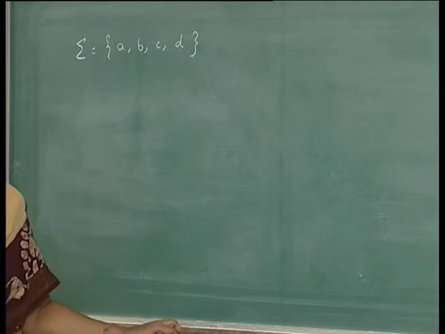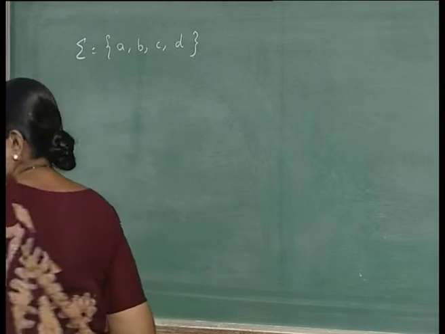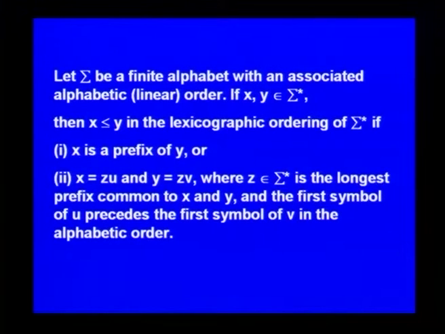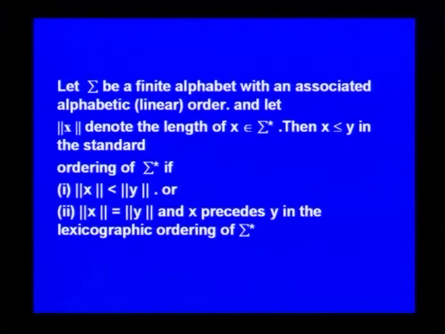So, in order to introduce a well order, we define what is known as a standard ordering on sigma star. Let us recall this definition. Let sigma be a finite alphabet with an associated alphabetic order and let length of x denote the length of x.